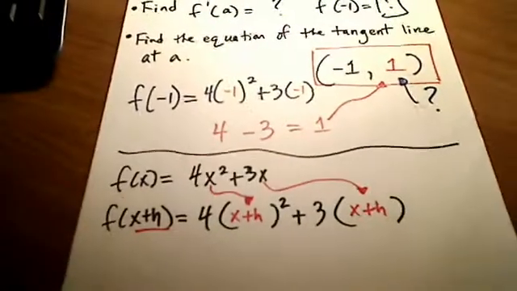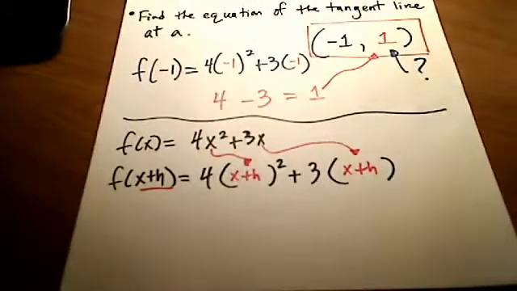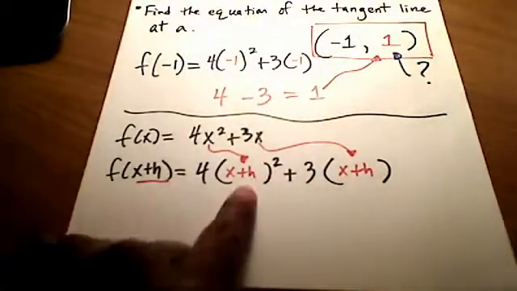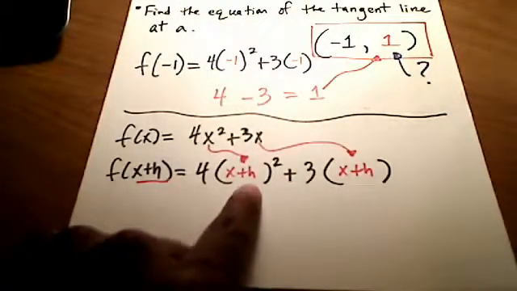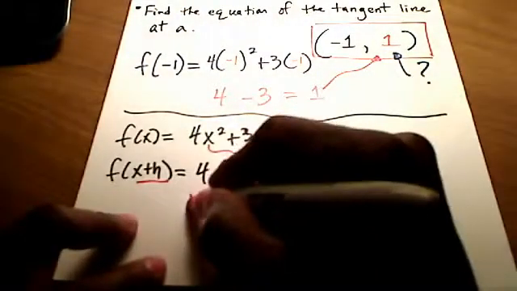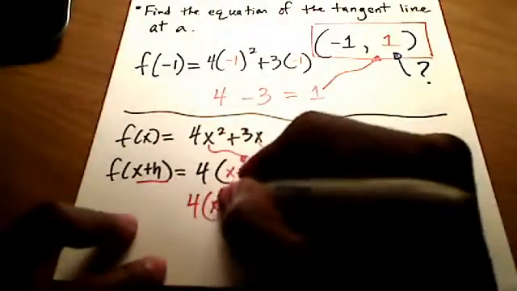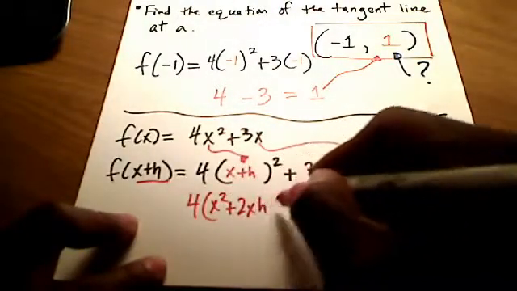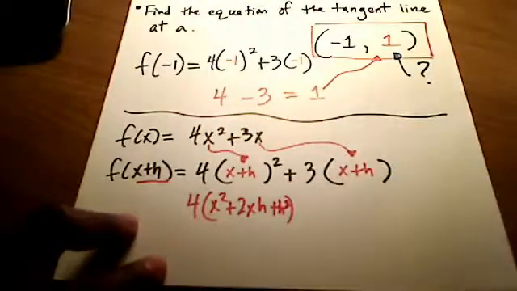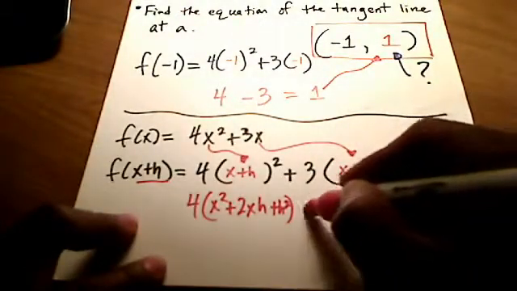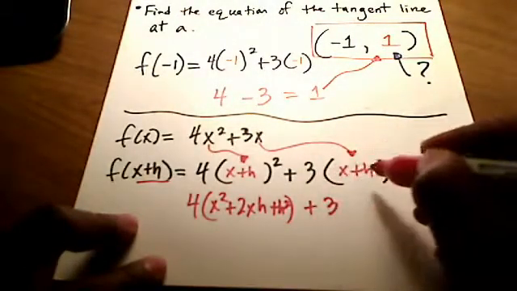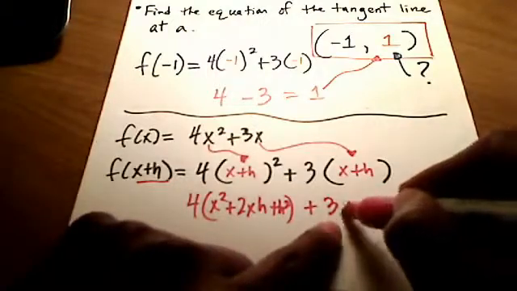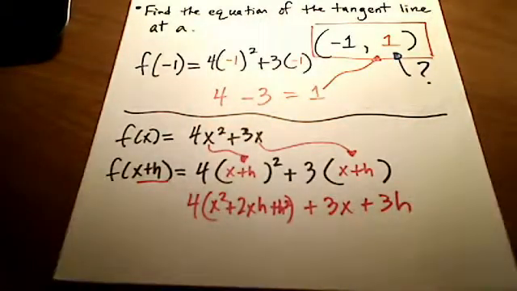So let's see, please excuse my dear Aunt Sally. PEMDAS says I need to take care of this exponent right here first. So I need to FOIL x plus h, which I hope you can see is just going to be x squared plus 2xh plus h squared. Should have written that a little bit bigger. Plus 3, I might as well distribute while I'm here, plus 3x plus 3h.